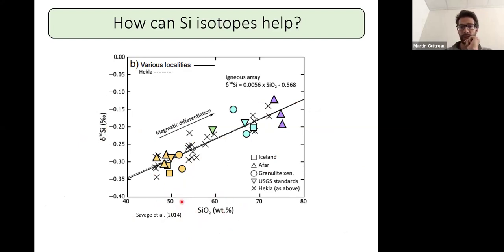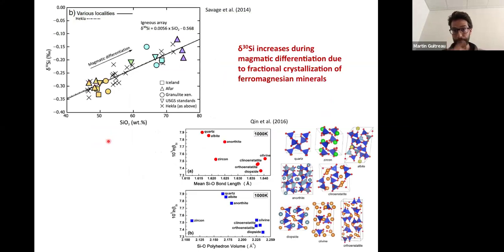What you can see is that you have a correlation, which was interpreted as magmatic differentiation, or you will see the igneous array name in other publications. It means that silicon isotopes fractionate during fractional crystallization, and as magmas differentiate, their silicon isotope composition gets enriched in 30 silicon, so in heavy silicon.